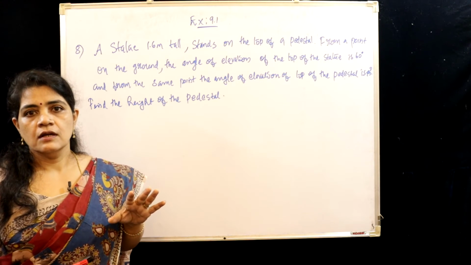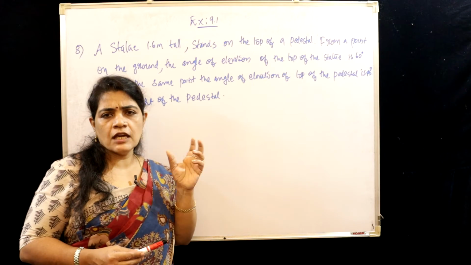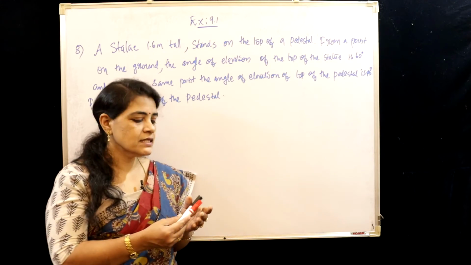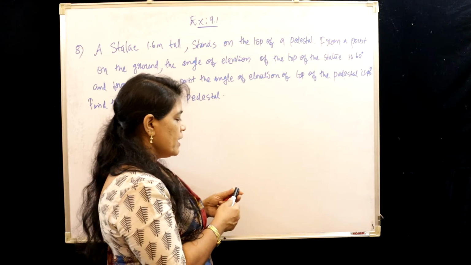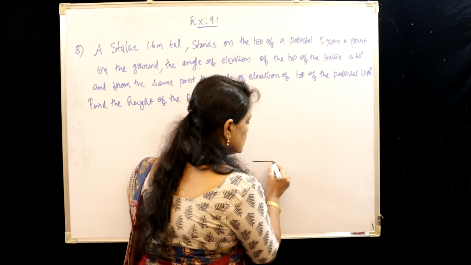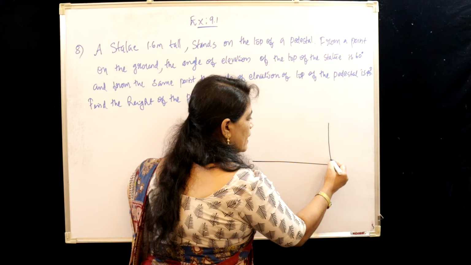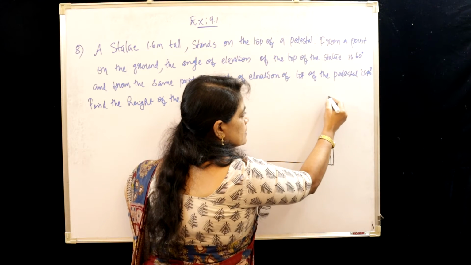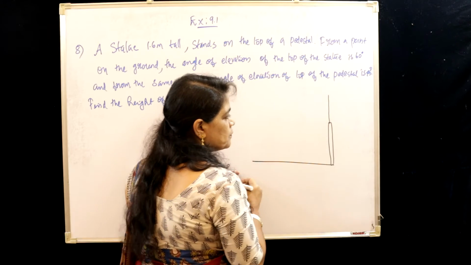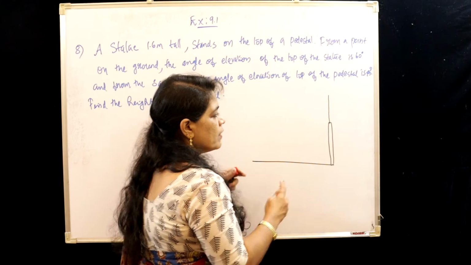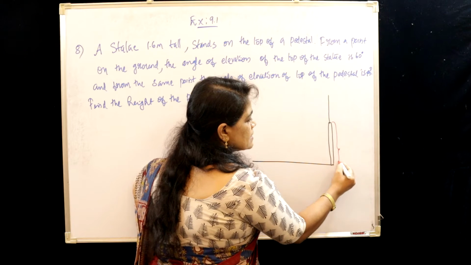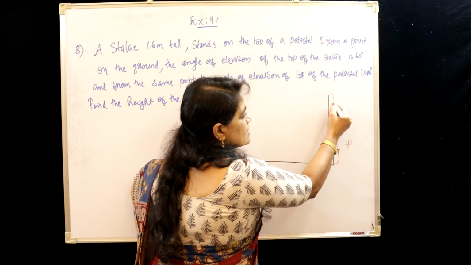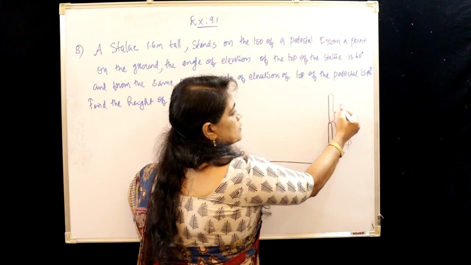This is almost the same idea as the previous question. That means here we have a pedestal on the ground, and upon this a statue is fixed. Suppose this is a statue. I will mark with this ink, this is the pedestal and this is the statue.